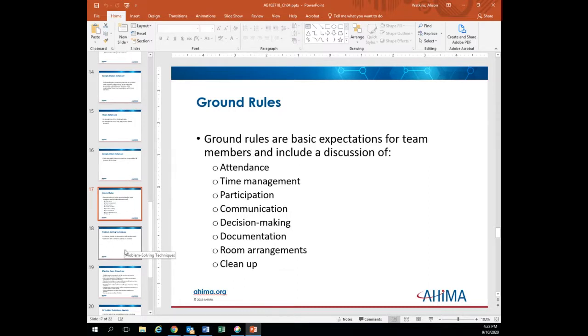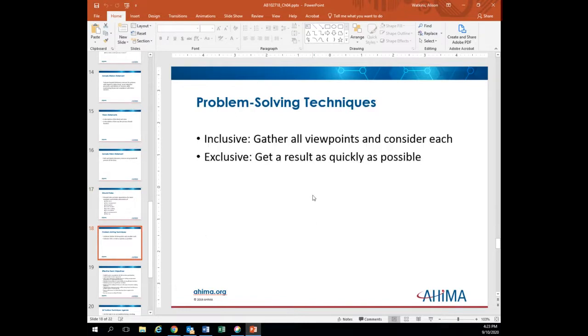All right, now let's look at the next one, and this is problem-solving techniques. And there's 2. One is called inclusive and one is called exclusive. So 2 different styles. This is under the section of problem-solving techniques, listening and questioning. And team members can fall into a couple of categories when making decisions.